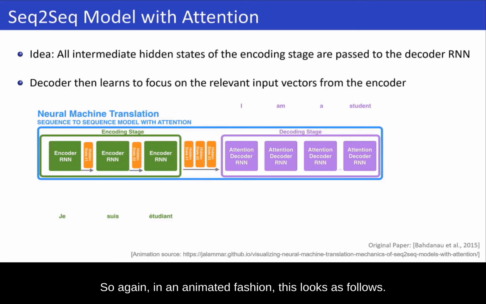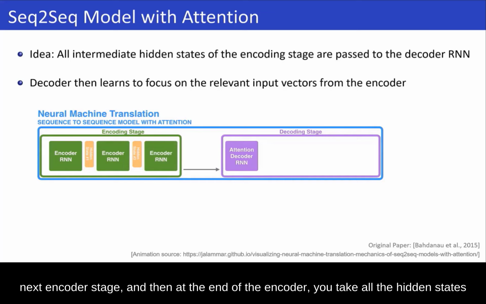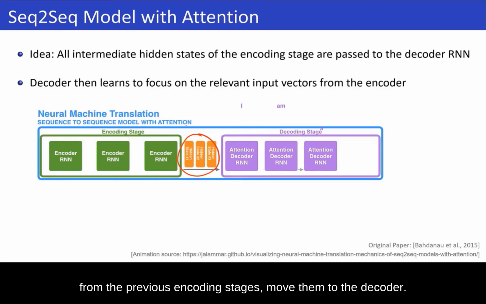Again, in an animated fashion, this looks as follows. You read your words one by one, compute your hidden states. The hidden states move to the next encoder stage. And then at the end of the encoder, you take all the hidden states from the previous encoding stages and move them to the decoder.